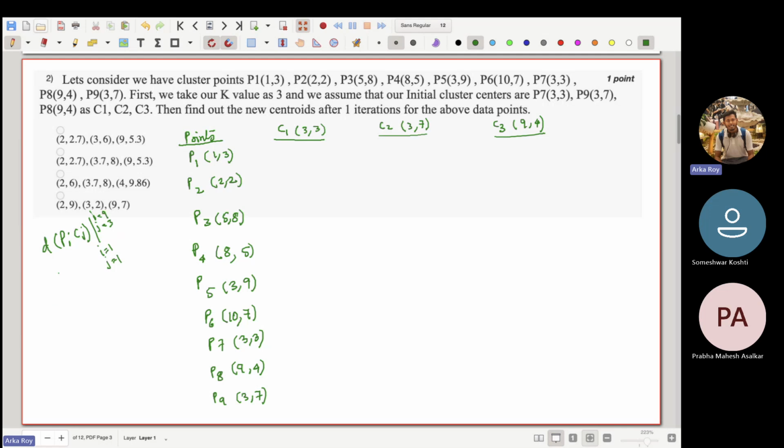And the distance is nothing but the Euclidean distance, so it is basically (x2 minus x1) whole square plus (y2 minus y1) whole square. That is what we have to calculate. In the first case, it is 3 minus 1, 2 square, plus 0 square. So the output is 2.